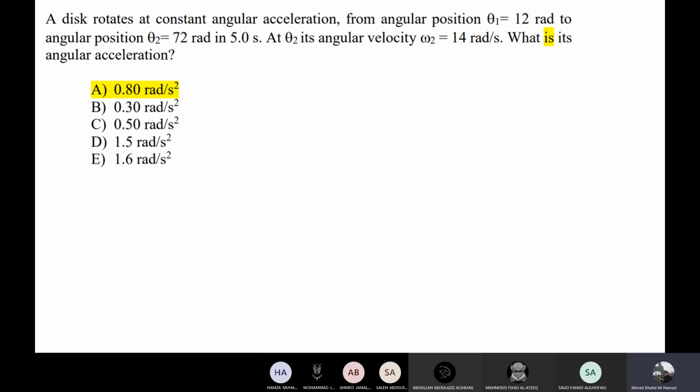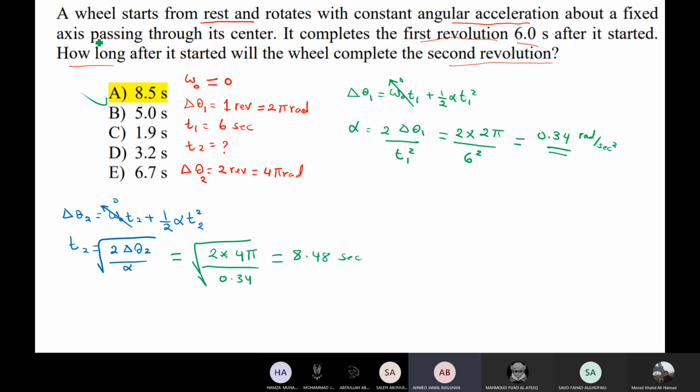Okay, here is another example. Doctor, how did you get the first theta? Which one? It's given. You mean this one? Yes. Okay, here it said it completes the first revolution, which means we have only one revolution. So delta theta is equal to 1 revolution.